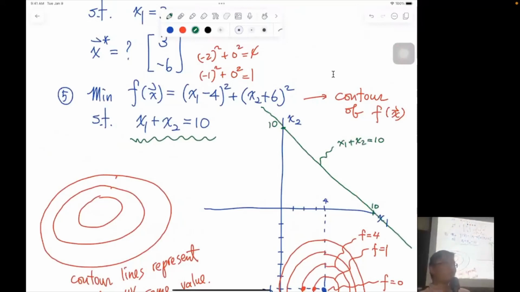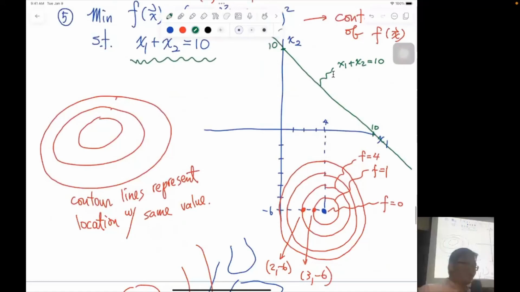So where is the solution? If you are able to observe the shape of the objective function, the solution is right here.